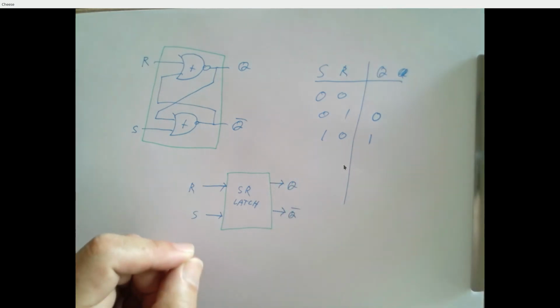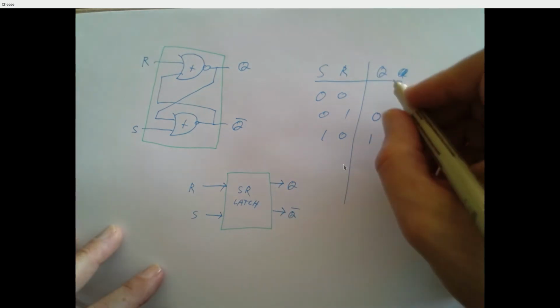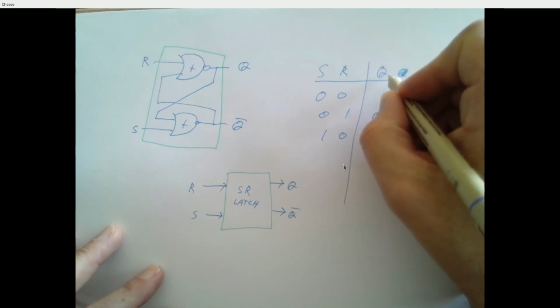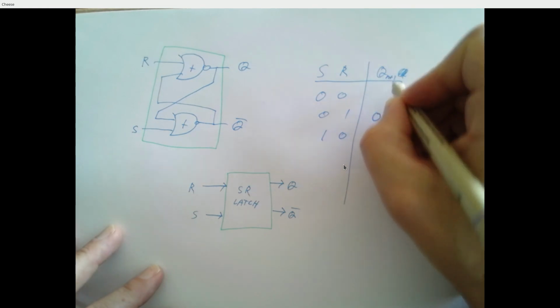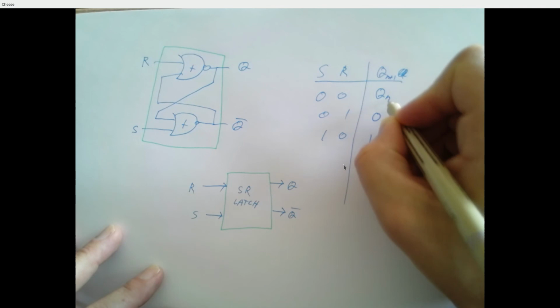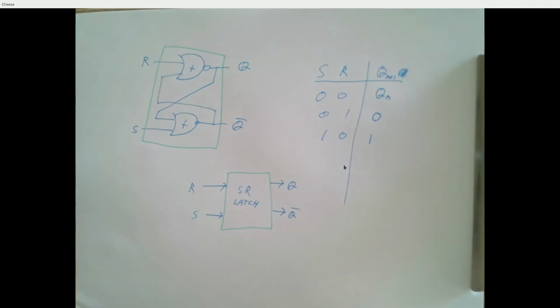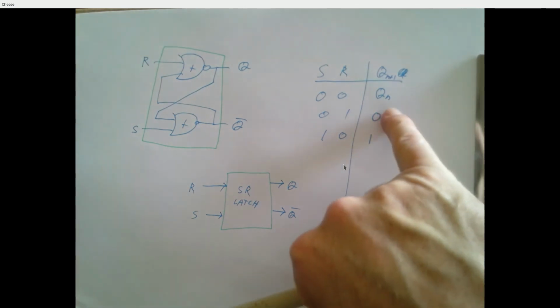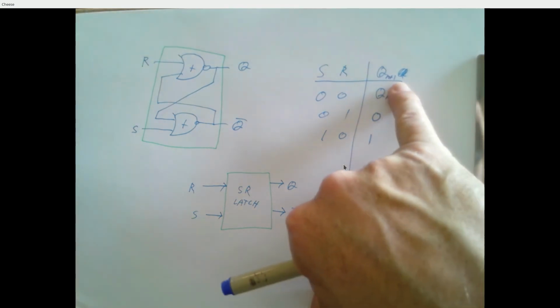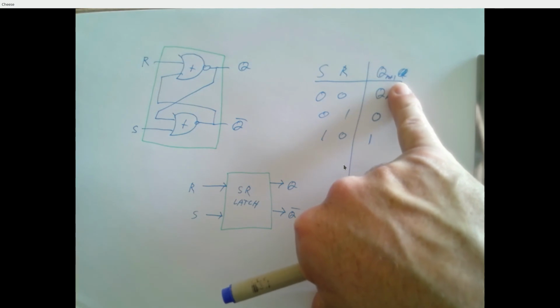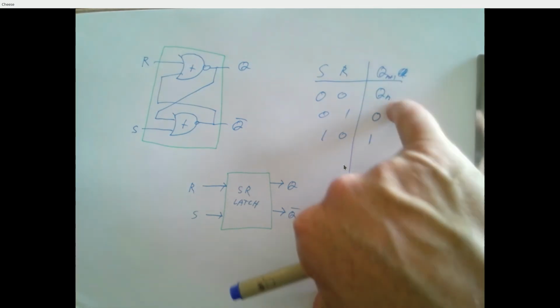The way we can represent that is sometimes we see it like this: Qn plus 1 is just whatever Qn is. So we think of looking at Q at points in time, and whatever value it is right now, that's the value it will be at the next point where we look at it. It's just a notational convenience.